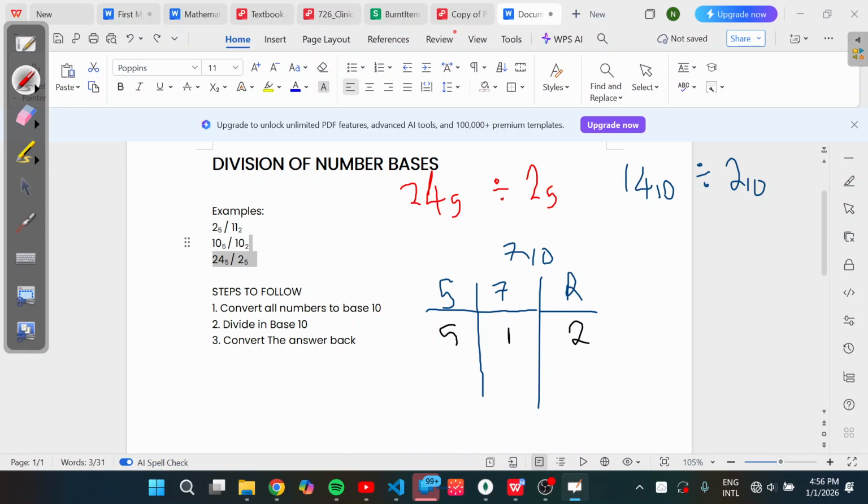Then 5 into 1 is going to be 0, and the remainder is going to be 1. So if we draw an upwards arrow, like we read it from bottom to top, our answer 7 base 10 is going to give you 12 base 5. Simple as that.